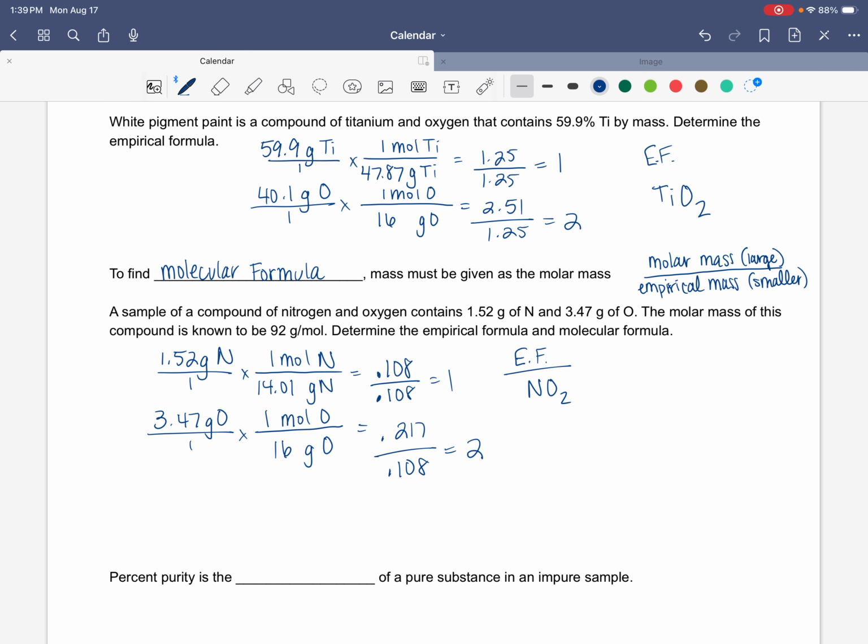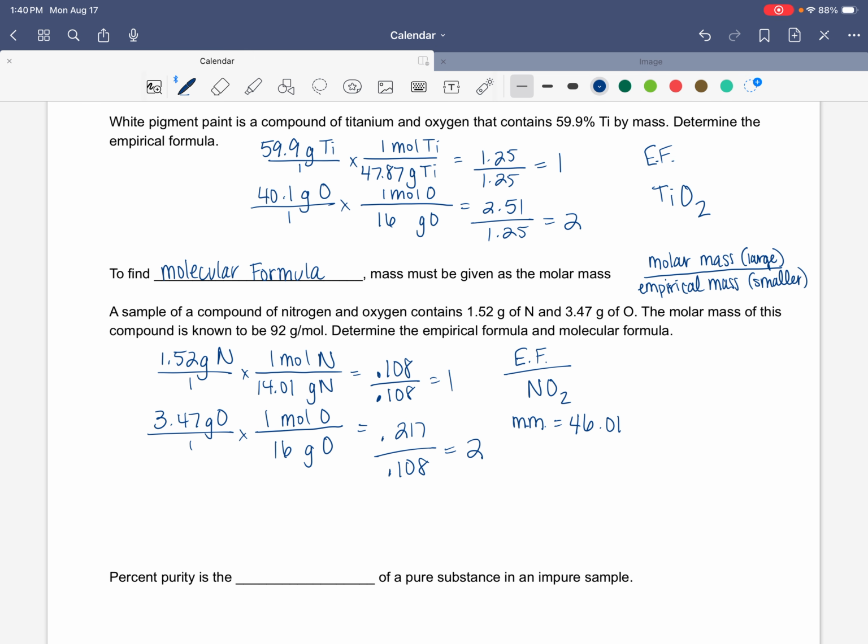Now I just need to find the molar mass of this so that I can plug it into this equation. We already have the molar mass. The larger number is 92, so we just need to find the molar mass of this to plug in for the empirical mass to determine our multiplier. So the molar mass of NO2, I would take nitrogen plus 2 times the mass of oxygen and get 46.01 as my molar mass.